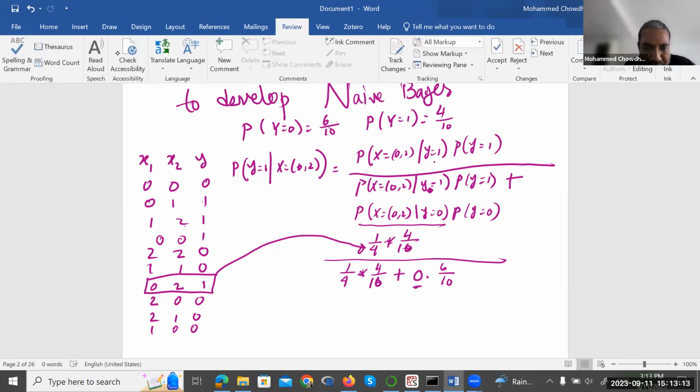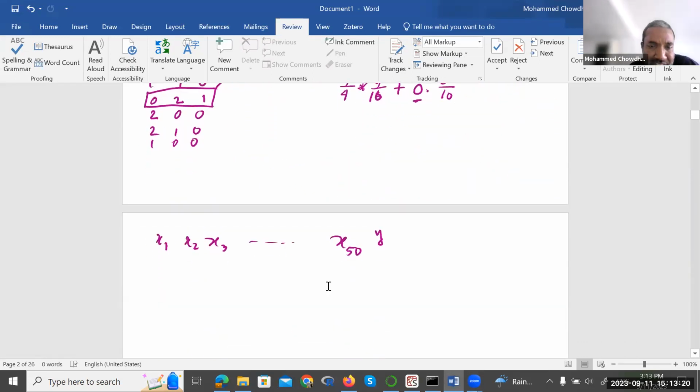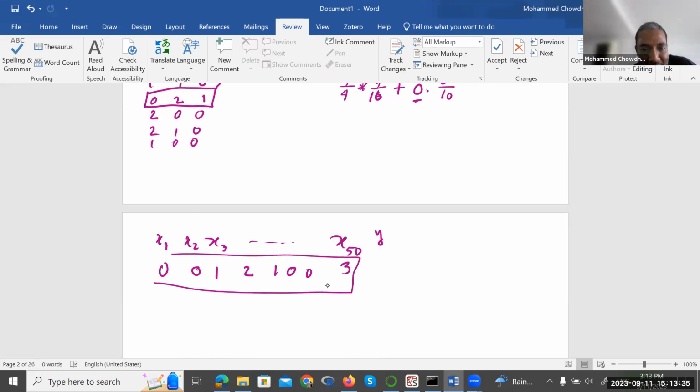How difficult it would be, for just 2 variables I did not get any probability in there. How difficult would it be if there were 0, 0, 1, 2, 1, 0, 0, suppose 3 variables? How difficult it would be to find a match corresponding to the given y value.